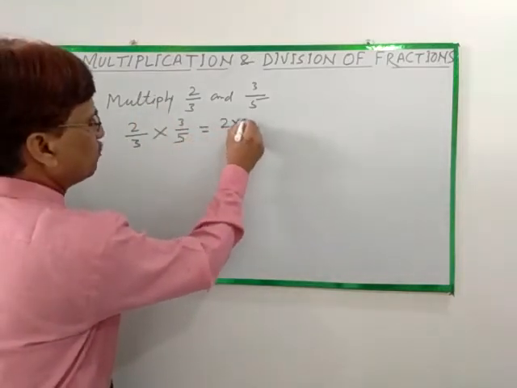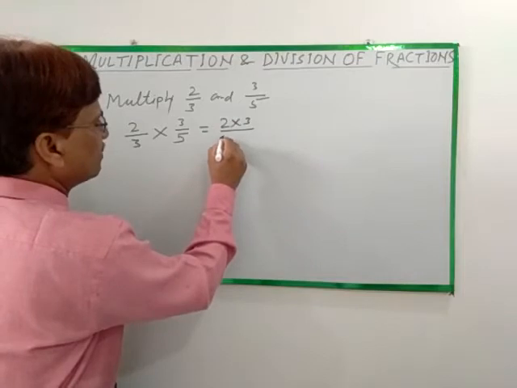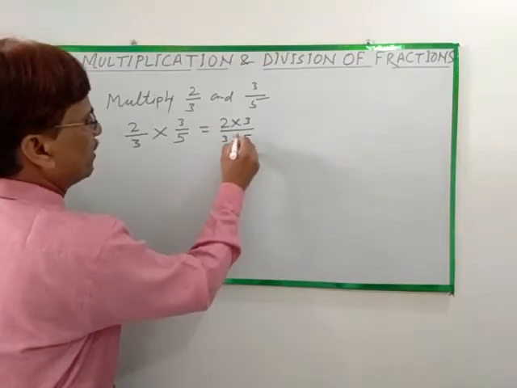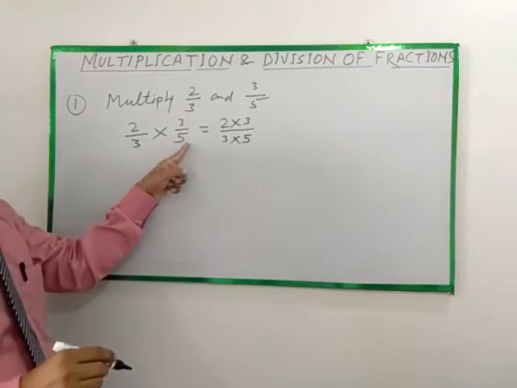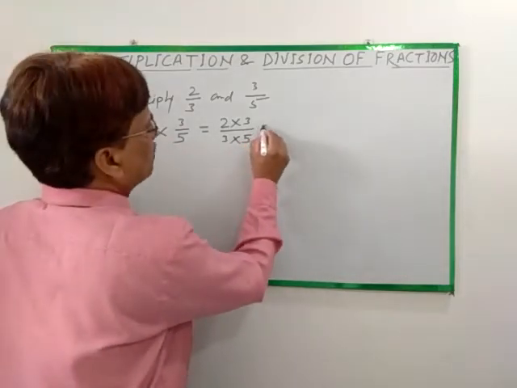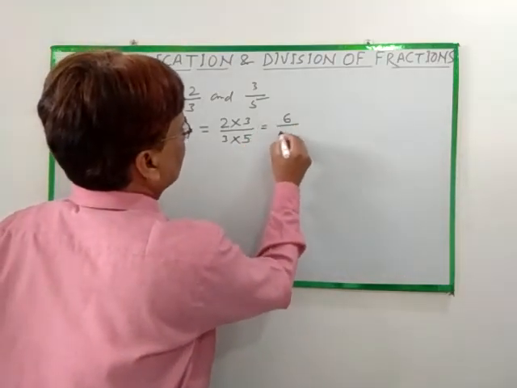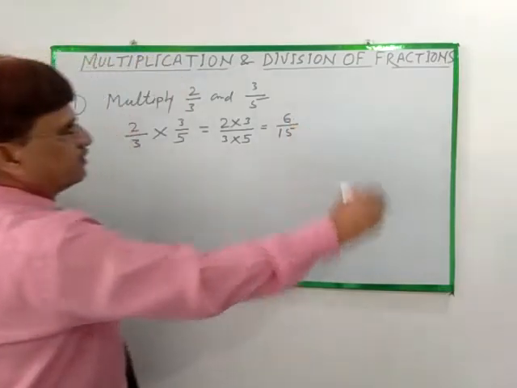So 2 into 3 and 3 into 5. 2 multiplied by 3 is 6 and 3 multiplied by 5 is 15. Is it clear?